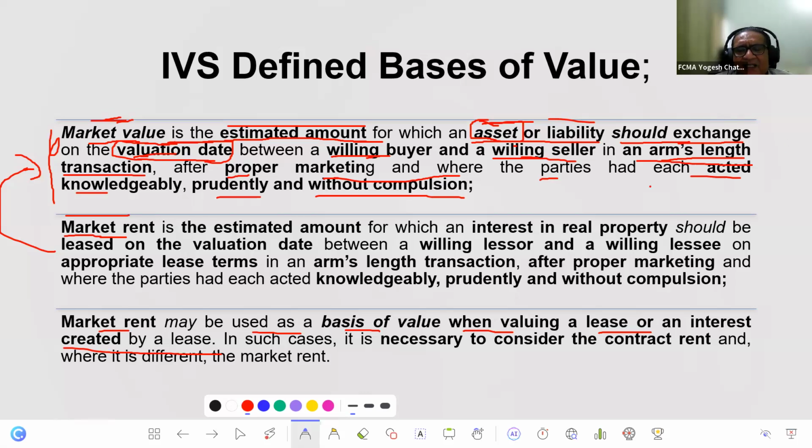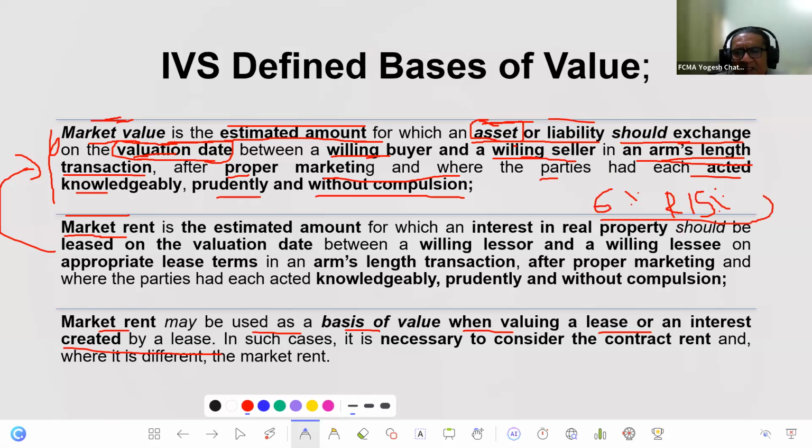Many times it is provided in the lease agreement that the annual lease rental will be anywhere between 6% and 15%, or it can go up to 20% or 25% also.